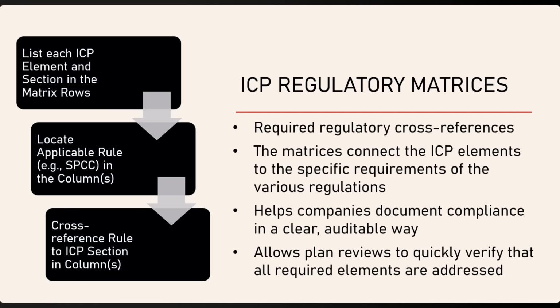These matrices help companies document their compliance in a clear, auditable way. They allow plan reviewers to quickly verify that all the required elements are in fact addressed. This ensures that the ICP is a regulatory-friendly document. The last thing a company wants during an agency inspection is an unhappy auditor.